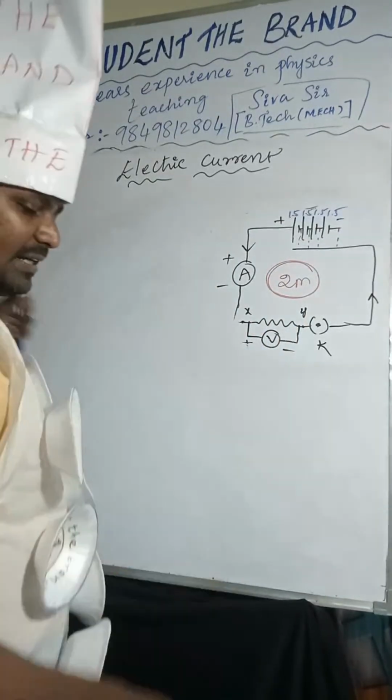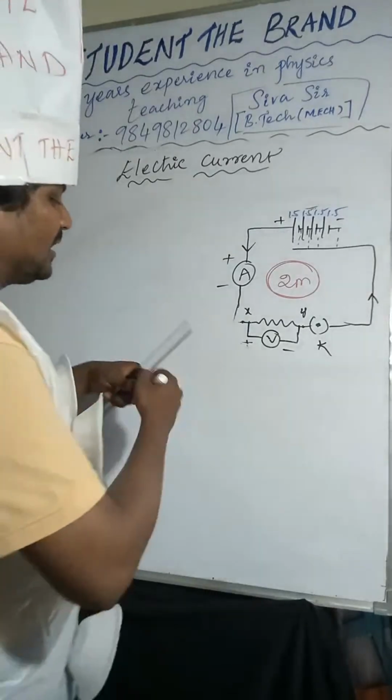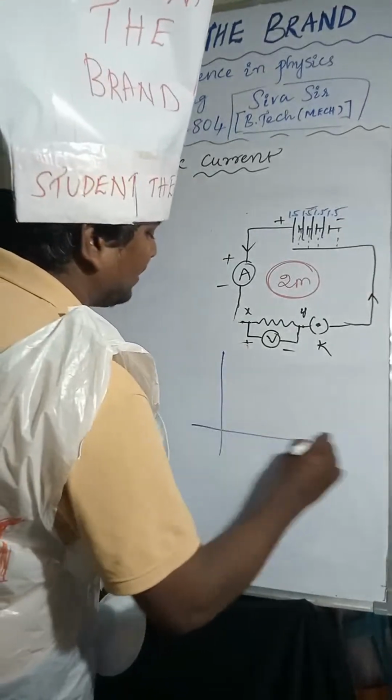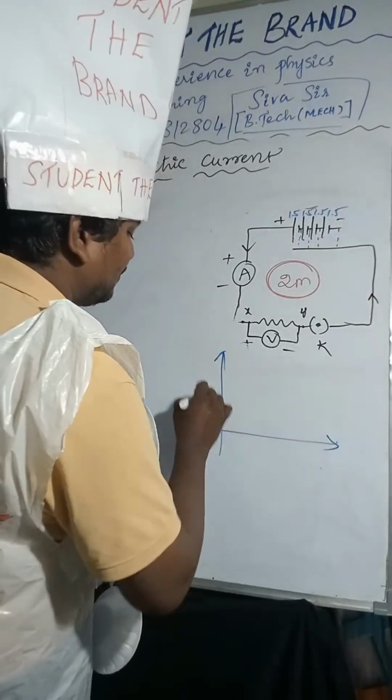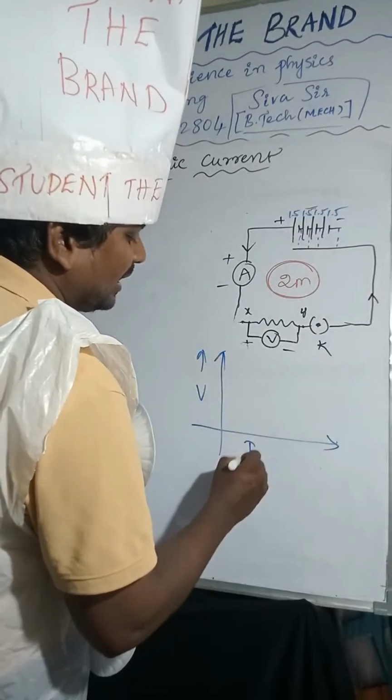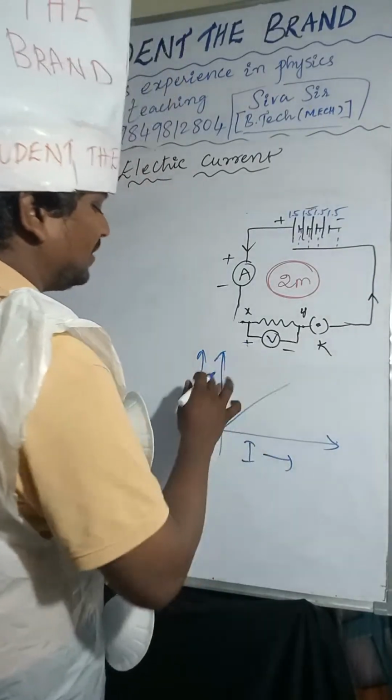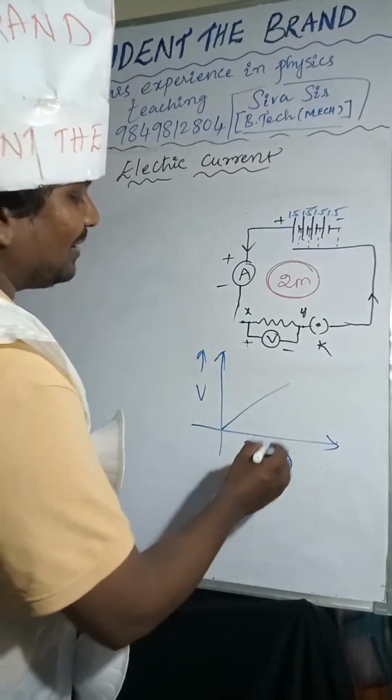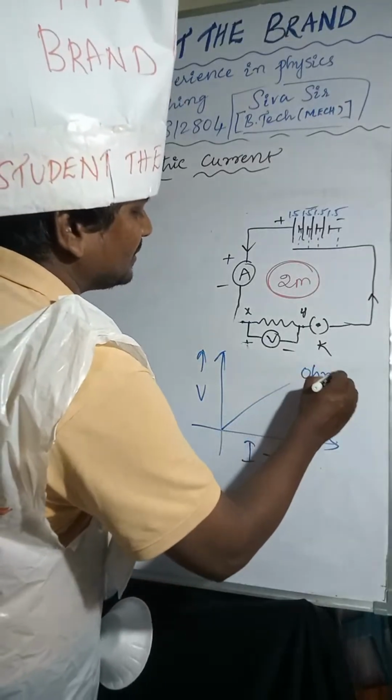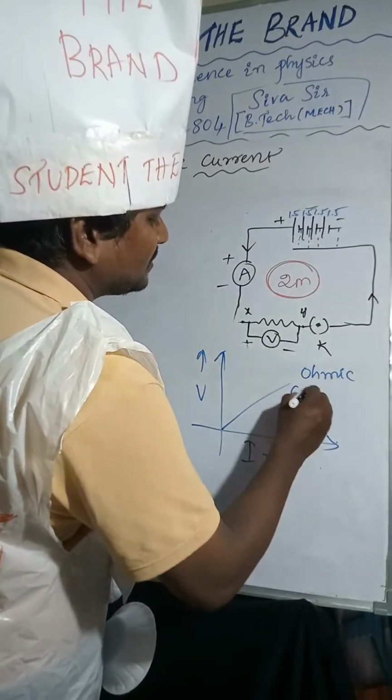For ohmic conductors, take I on the x-axis and V on the y-axis, and the graph is a straight line.